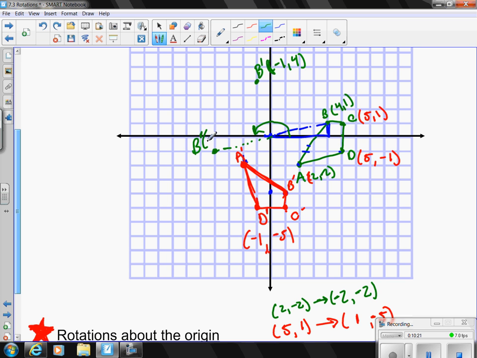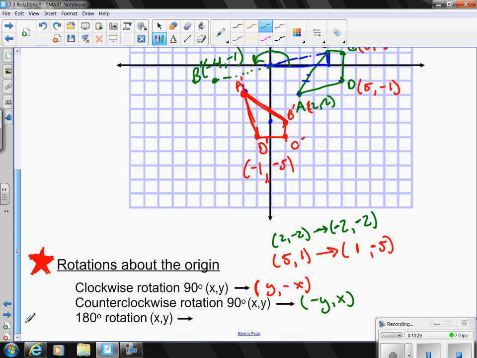So this is -4, -1. Your x coordinate stays the same, your y coordinate stays the same, except they become negative. So -x, -y. This is very useful. It can save you a lot of time and thinking.